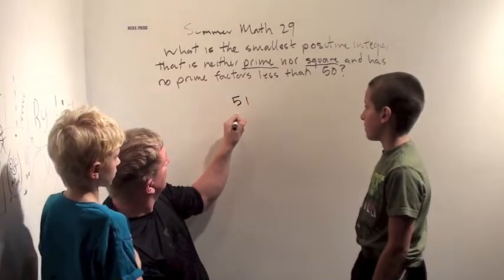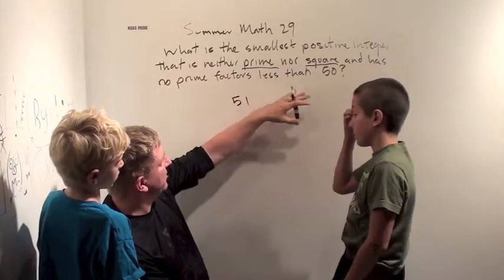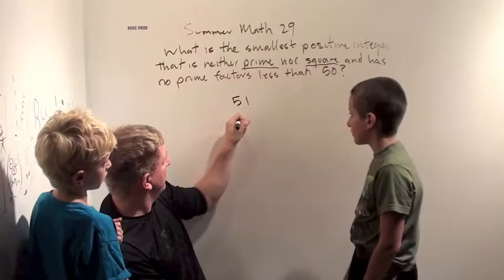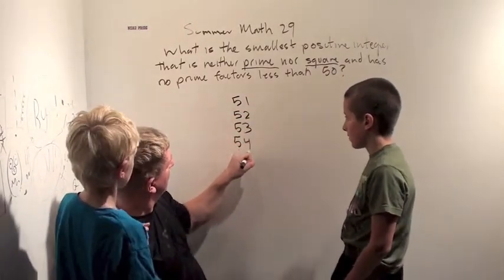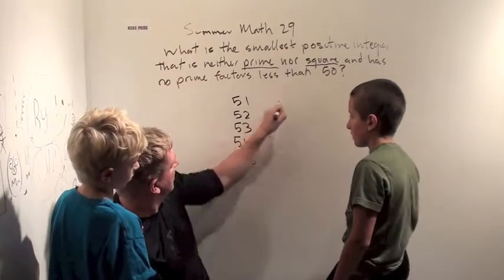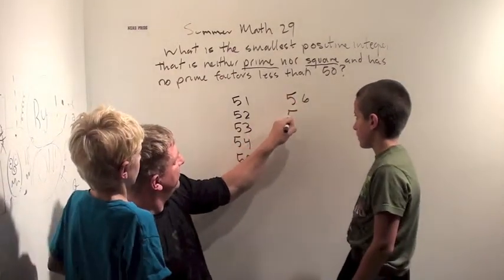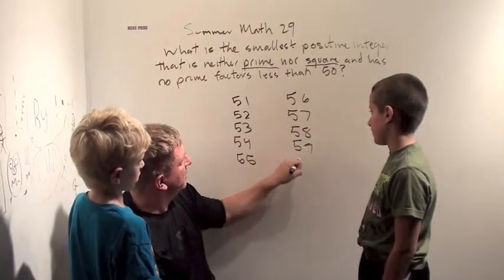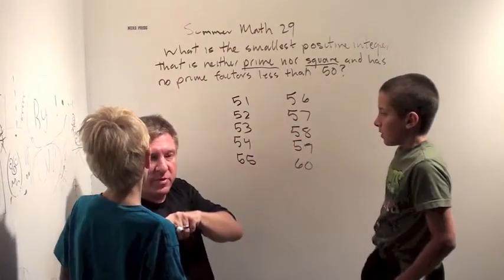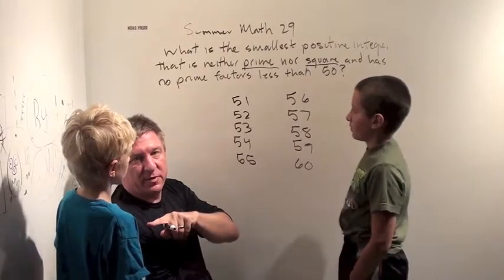I think 53 is less than 50, well it doesn't matter because 50 is not prime, so 52, 53, 54, 55, 56, 57, 58, 59, 60. What numbers can we cross off very quickly because we know they're not prime?